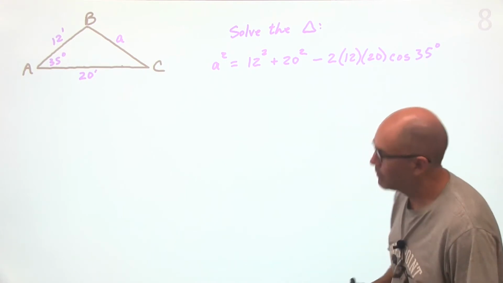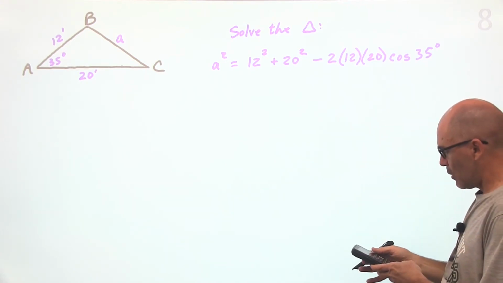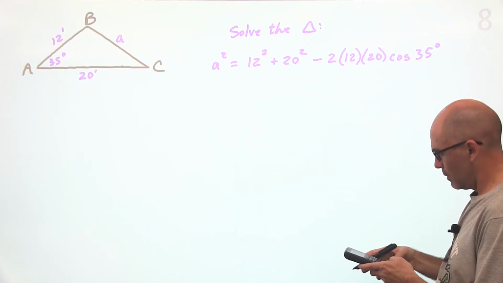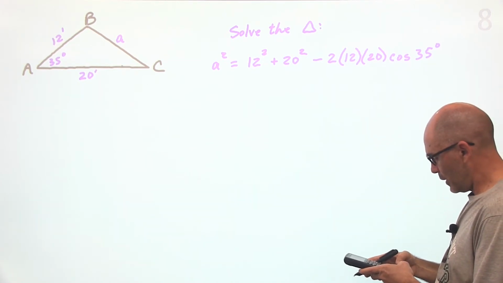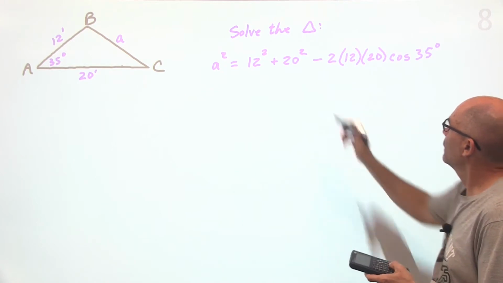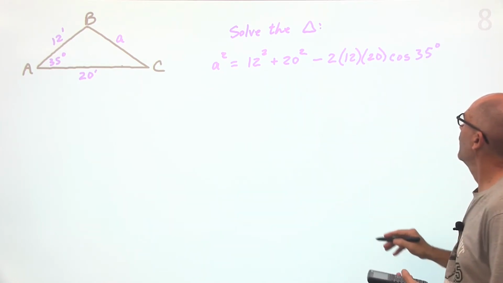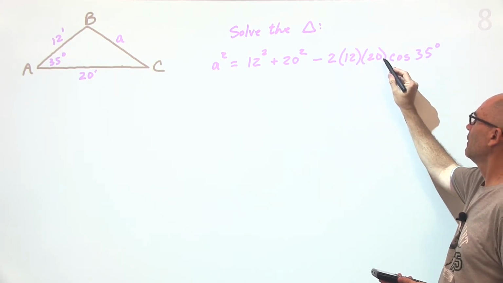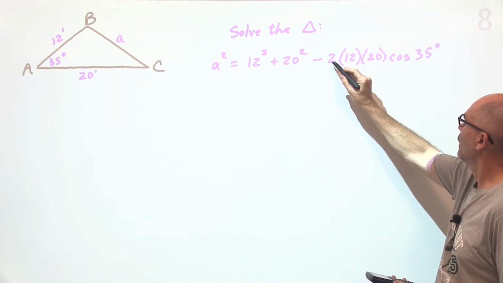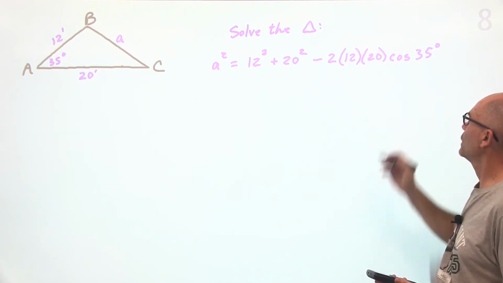Time to crank it out. So I'm going to go 144, enter, 400 plus. So I just have these two numbers first. Now, I don't need a calculator to go 2 times 12 times 20, because I know that's going to be 40 times 12, which is 480.